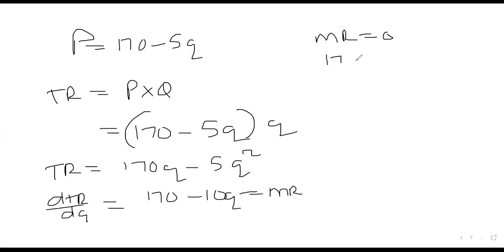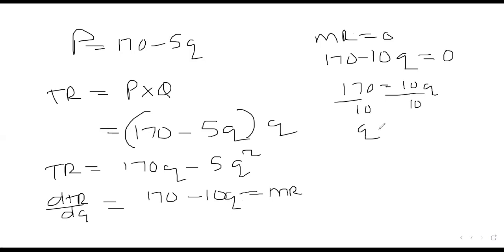When our marginal revenue is equated to 0, we are maximizing revenue. So 170 minus 10Q equated to 0, we can solve for Q. Q stands for the output. When you divide both sides by 10, our Q therefore becomes what? 17. And we can identify the price by substituting back in the original price function. Where there is Q, we put the 17.